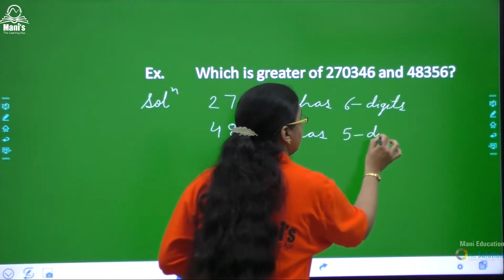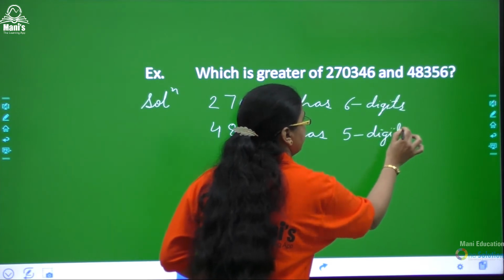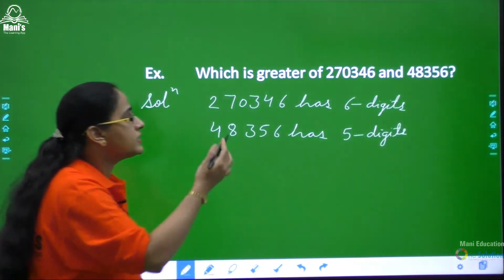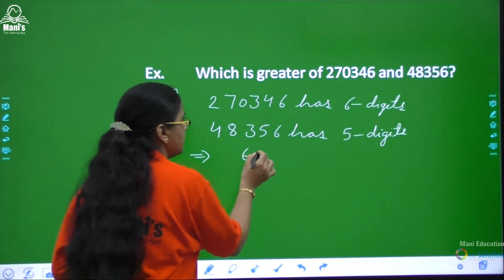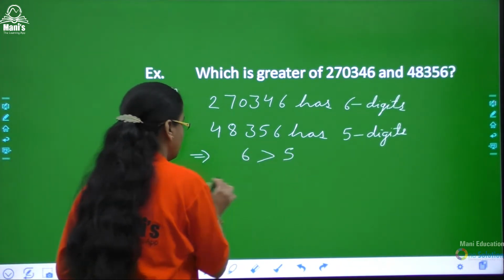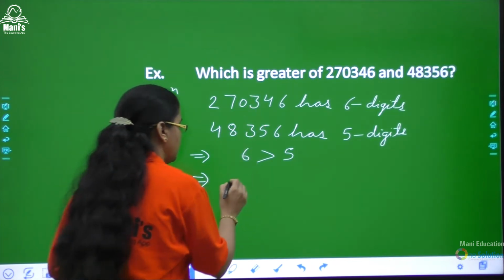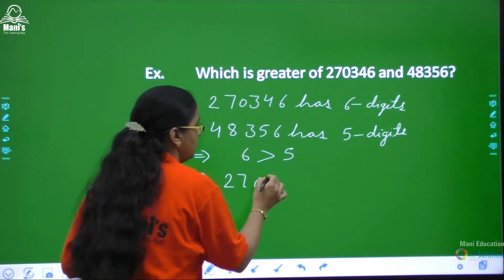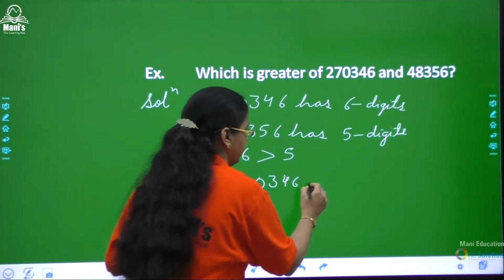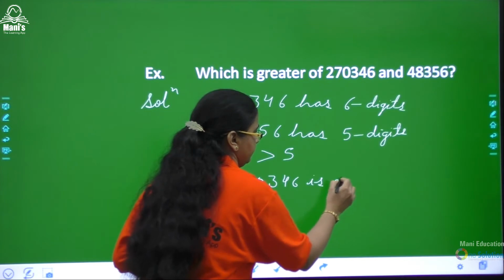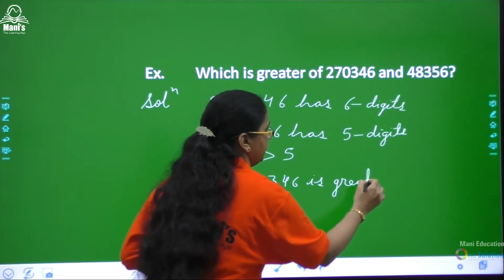So what can we say? In the question, it is written which is greater. So this implies that 6 is greater than 5. So we can imply that 270346 is the greater number.